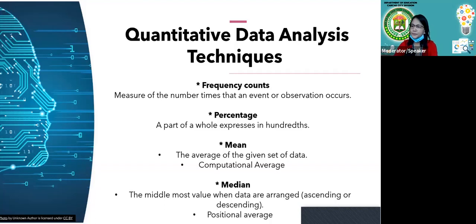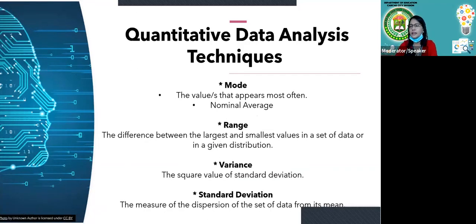Next is the mean. Of course, this is very, very basic. This is the average of a given set of data, computational average. The median is the middlemost value when data are arranged in either ascending or descending order. This is what we call positional average. Next, mode.